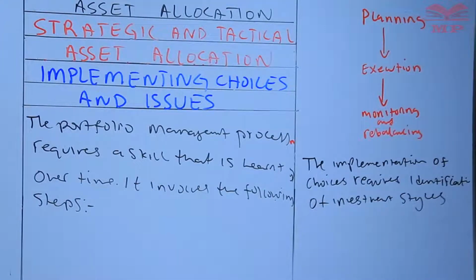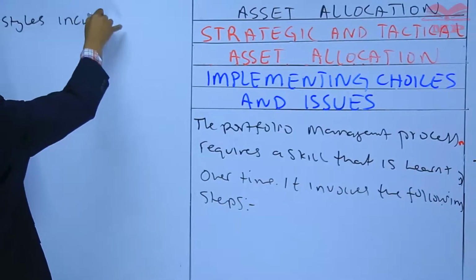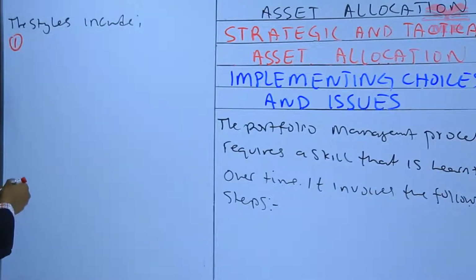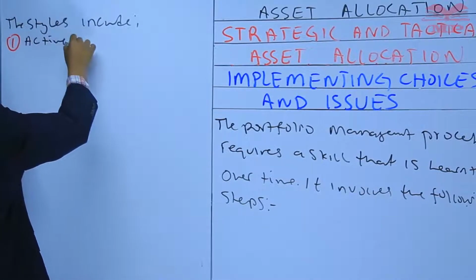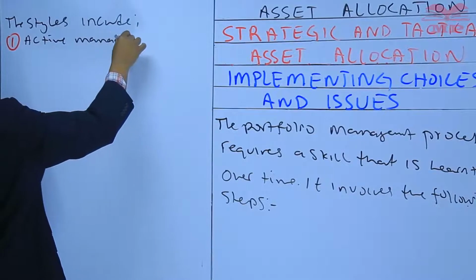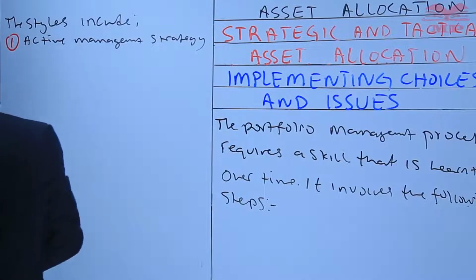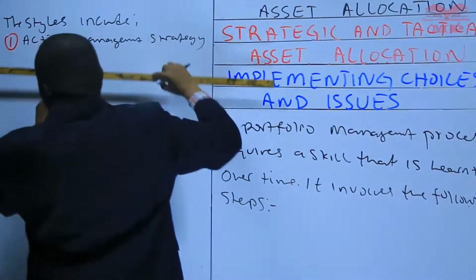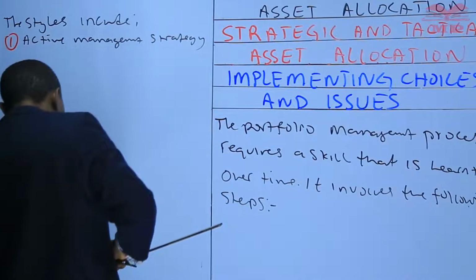The styles include, number one, active management strategy. Under active management strategy, I can use a different color, just to highlight.